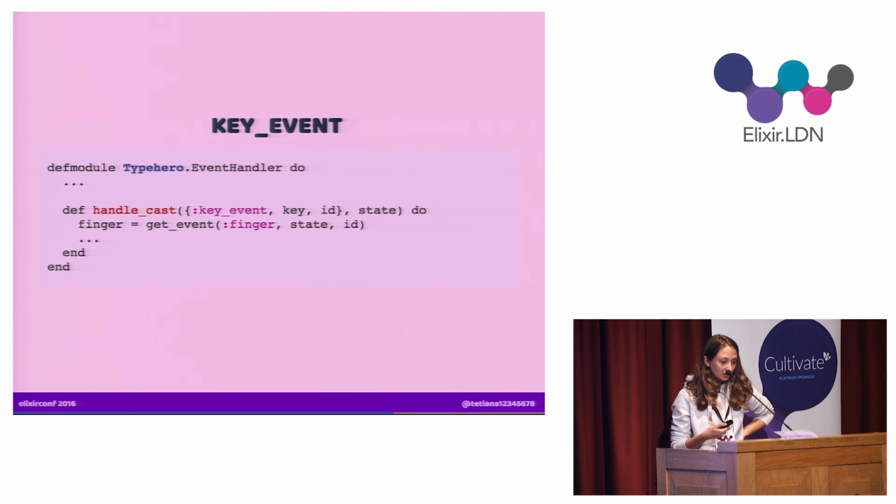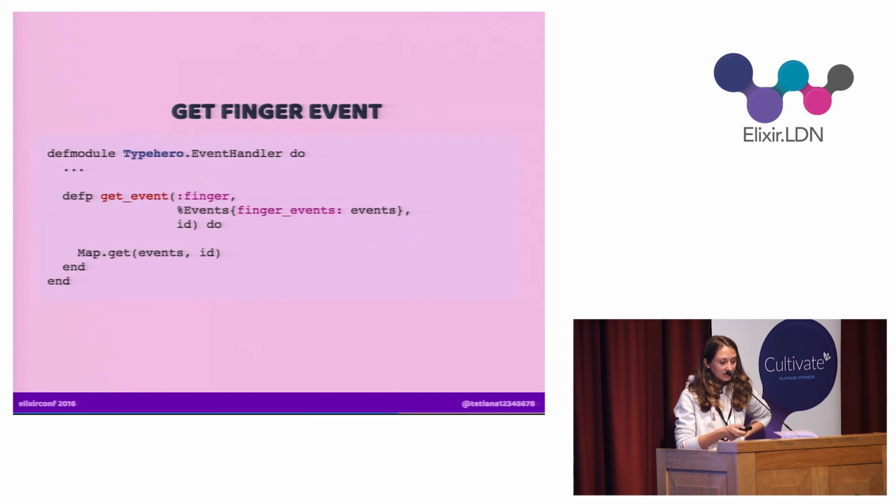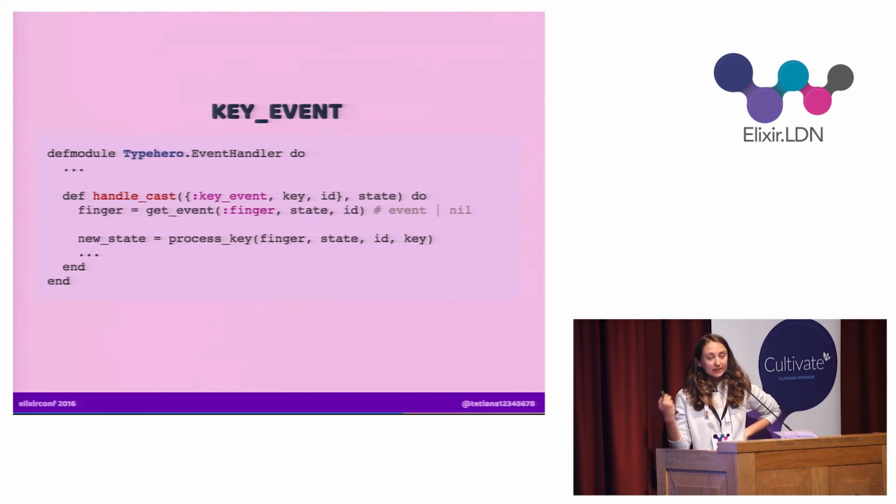Then when we get the key event, we try to see if we have a relevant finger event. The result of this could be either nil if the event doesn't exist, or an actual event.